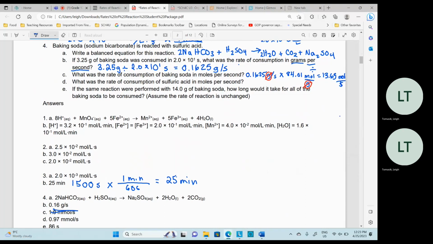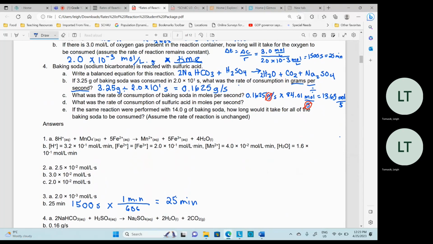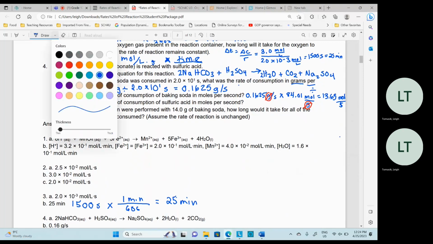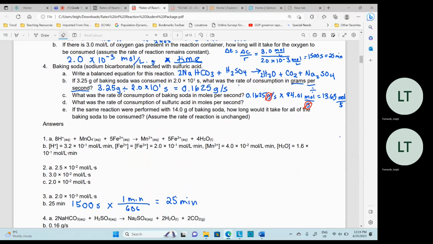Okay, and then it says what was the rate of consumption of sulfuric acid in moles per second? So we would have to multiply that by, oh, now I know why. Okay. I'm losing my mind.